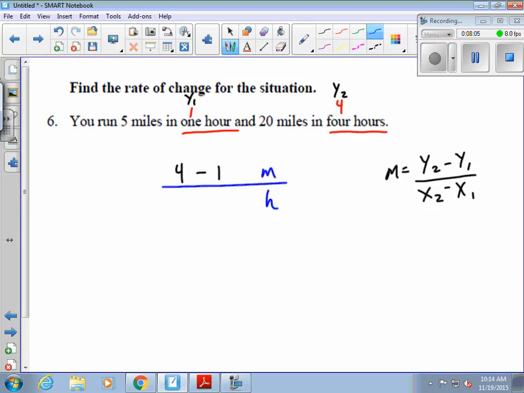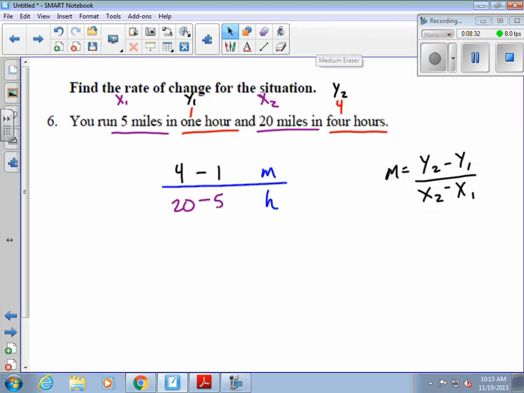Your miles, on the other hand, 5 miles will be your x sub 1, and 20 miles will be your x sub 2. So x sub 2 in this case is 20 miles minus x sub 1 is 5 miles. When you do your change of miles, I have everything backwards, excuse me.